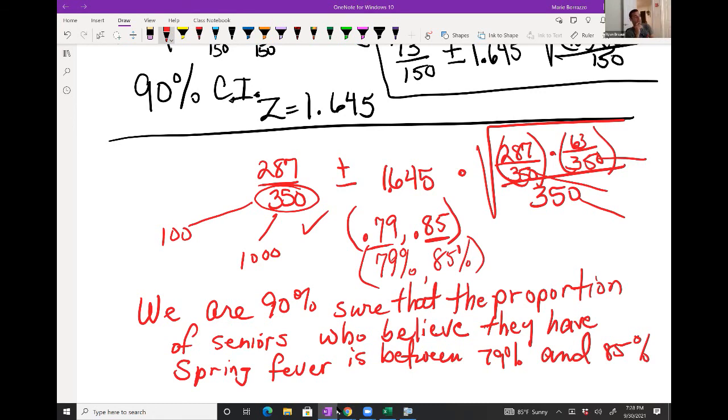So if you have a larger sample size, as opposed to 79 and 85, would those numbers be closer together? Yes, as opposed to 6%, it'd be less. Correct, because you have more information. The more information you're gathering, the more accurate your analysis should be.